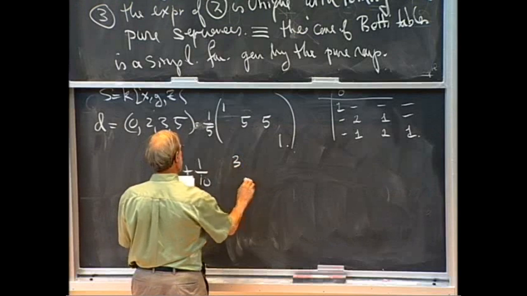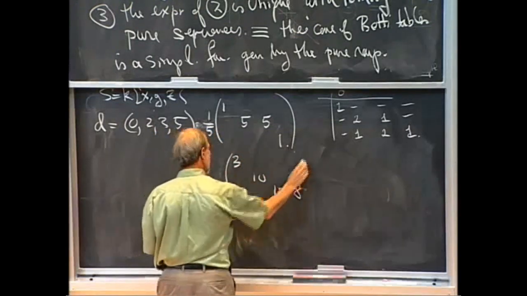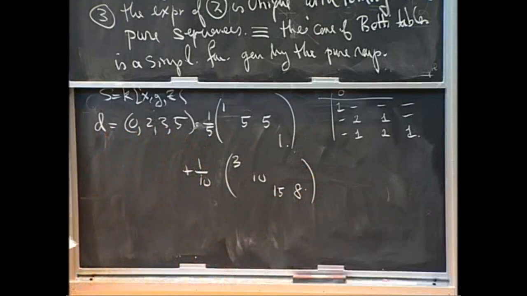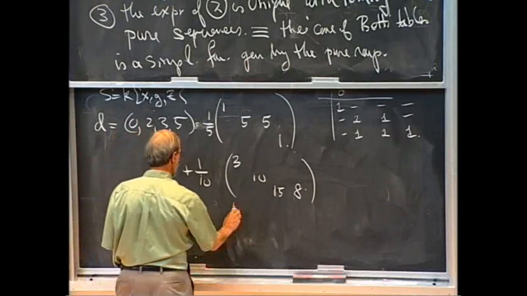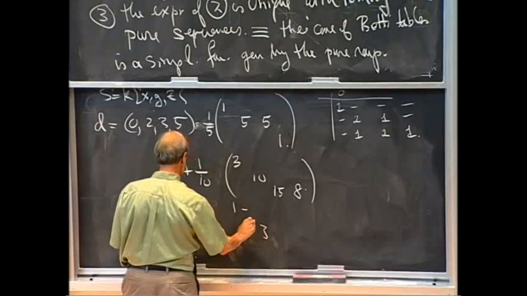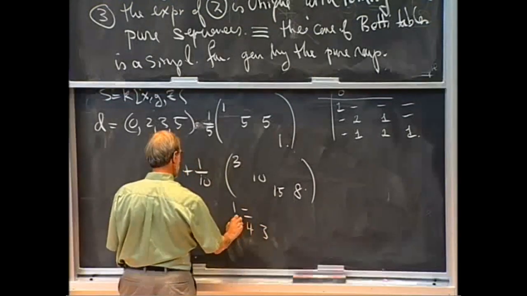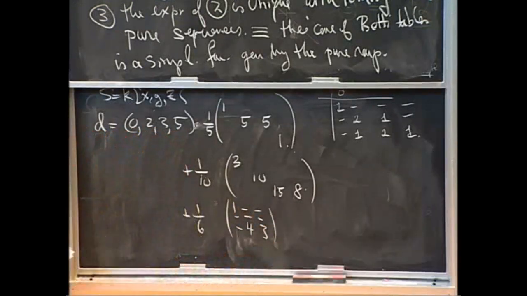3, 10, 15, 8. Ever see that module before? I never had either. Plus 1/6 of 1, 4, 3. These are cubics. That one I've seen before. That's the Betti table of 6 general points in the plane.